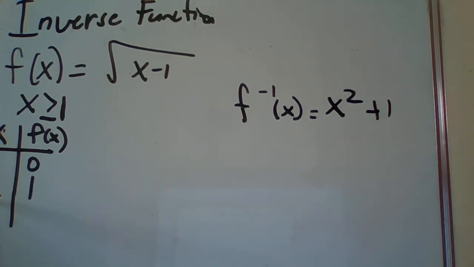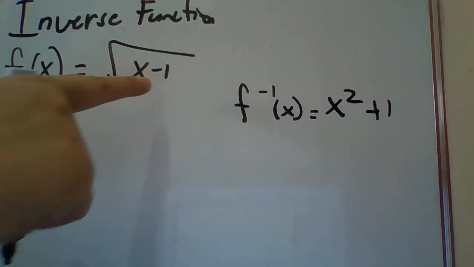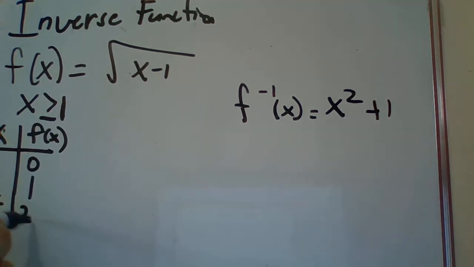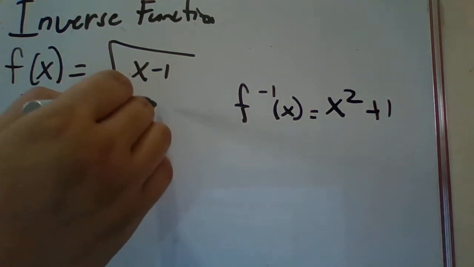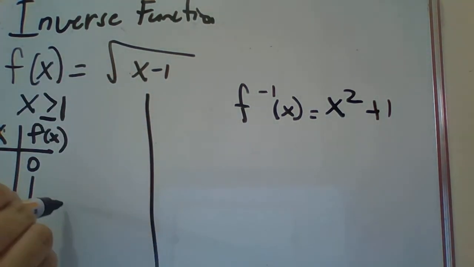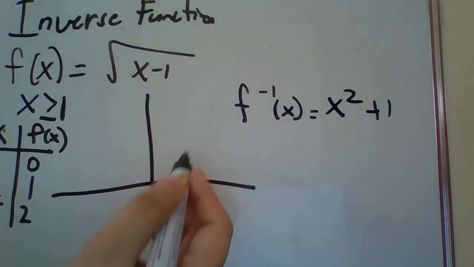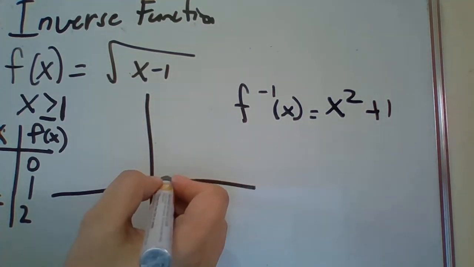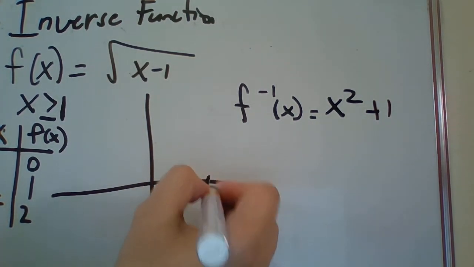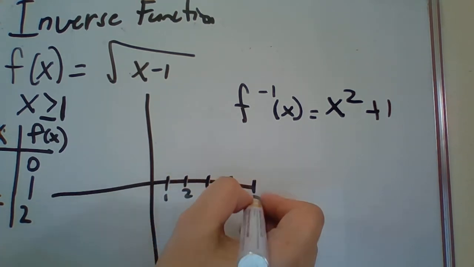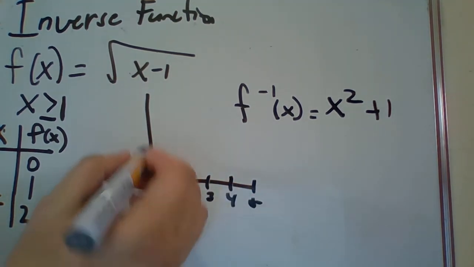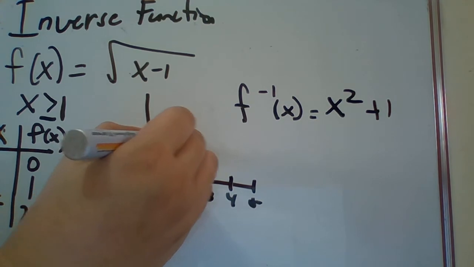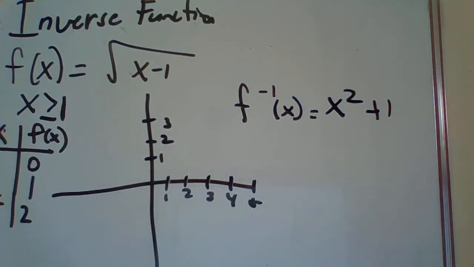Then, we put here 5, say. So, 5 minus 1 is 4, square root is 2. It becomes 2, and so on and so forth. So, if you look at the graph, if we make a graph, this is how it will look: 1, 2, 3, 4, 5.